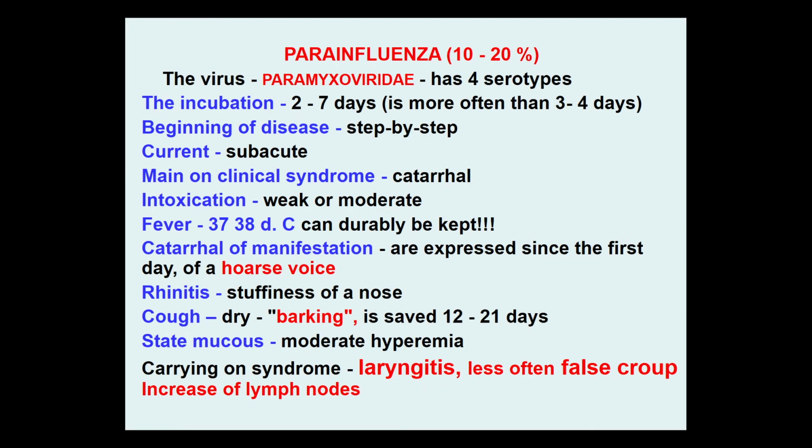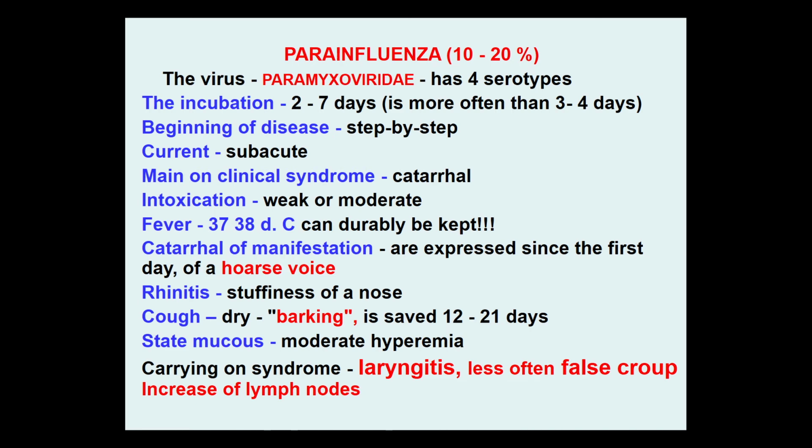Parainfluenza, 10-20%. The Paramyxovirus has 4 serotypes, incubation 2-7 days, more often 3-4 days. Beginning of disease is step by step, subacute course. Main clinical syndrome catarrhal, weak or moderate intoxication, fever 37-38 can be kept durably.